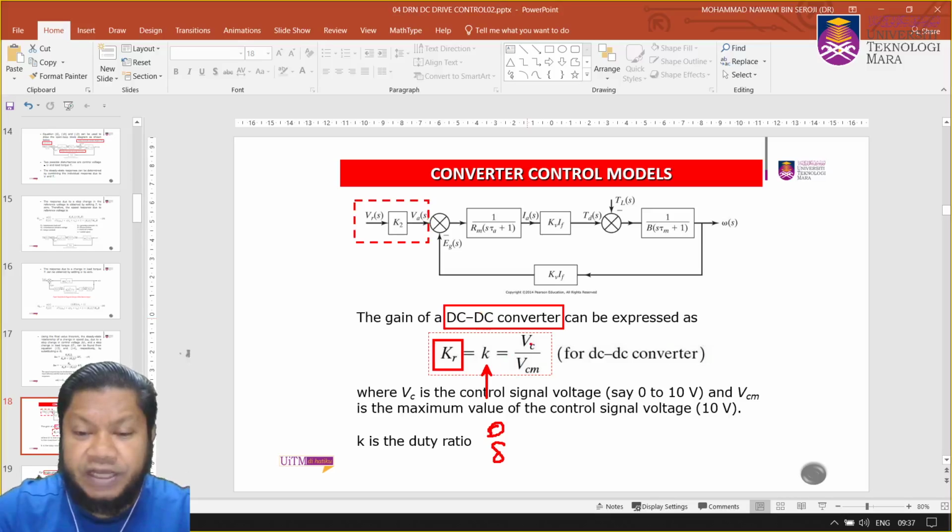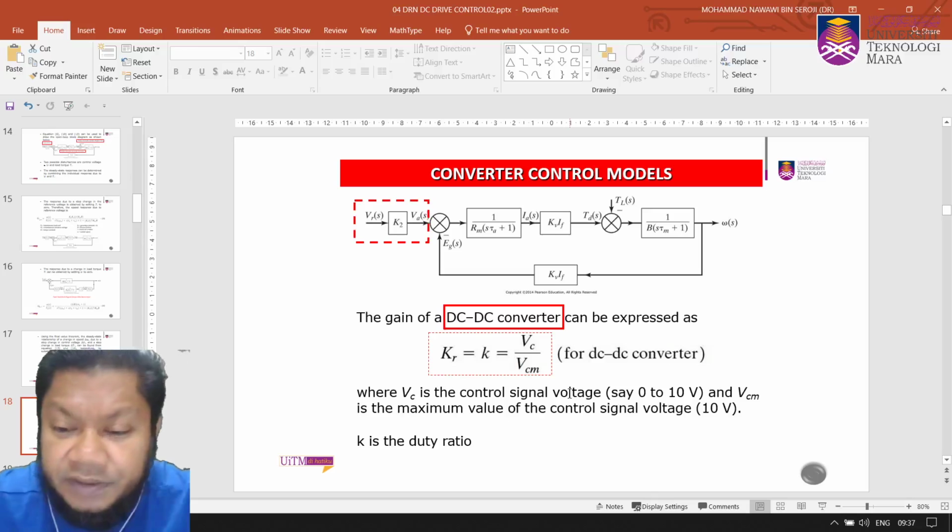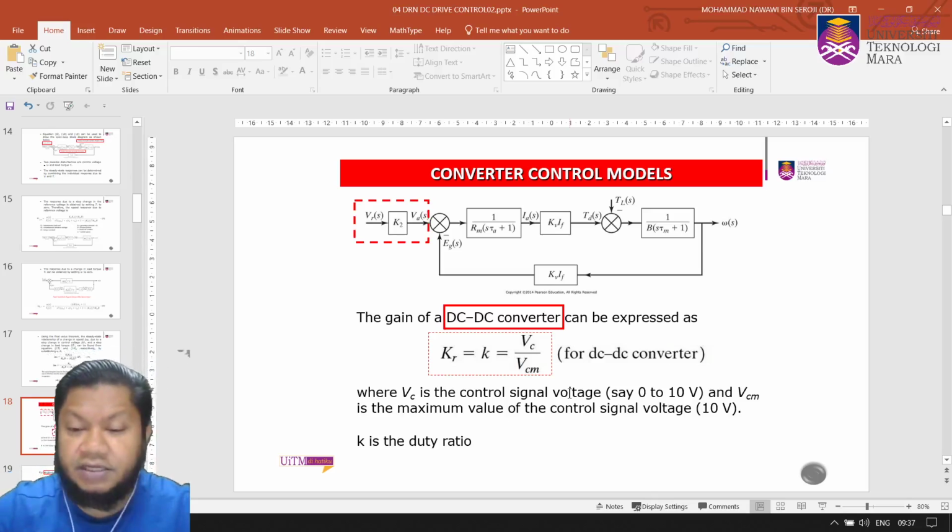So that will relate to VC, the control signal voltage. Normally in the control circuits, we have 0 to 10 volt or 0 to 15 volt, limited to a very low voltage in terms of control signals.